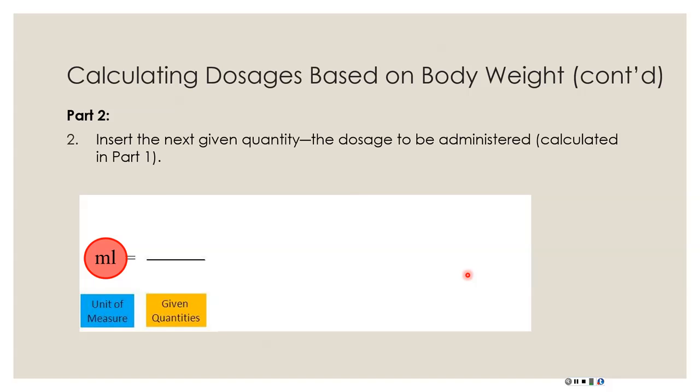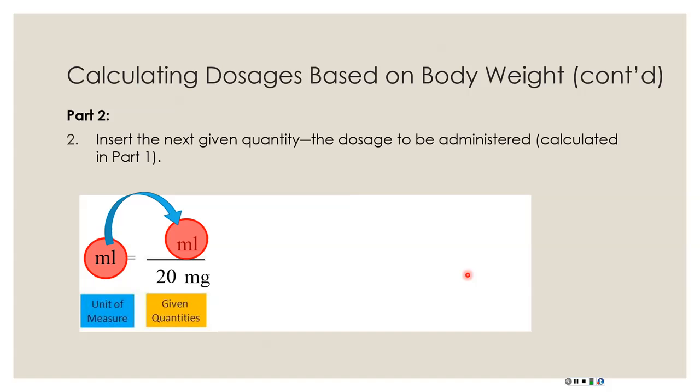Since we know we're looking for milliliters, we're going to go ahead and put that up here. We've got milliliters as our first numerator, and our concentration that was given to us in part 2 says that we have from our pharmacy available 20 milligrams per milliliter.